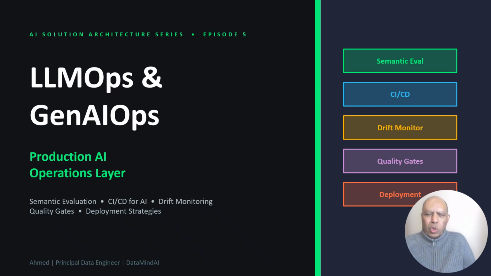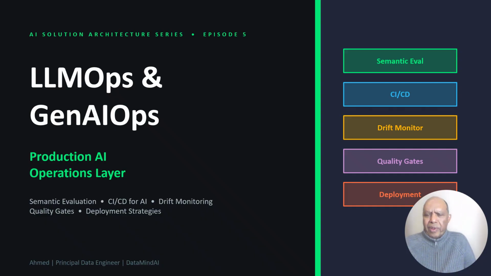Your embeddings look great, but when you push to production, within 2 weeks answer quality degrades. Your retriever is drifting and you have no idea why. That is the LLMOps problem, and today I'm going to give you a complete framework for solving it.